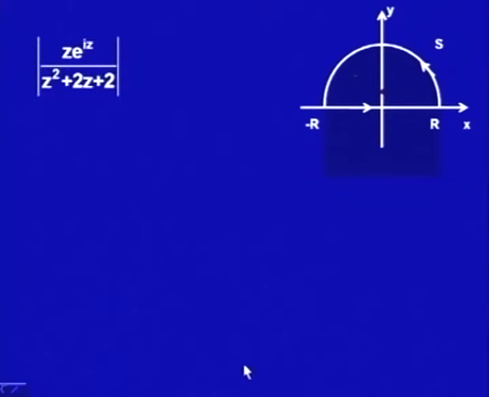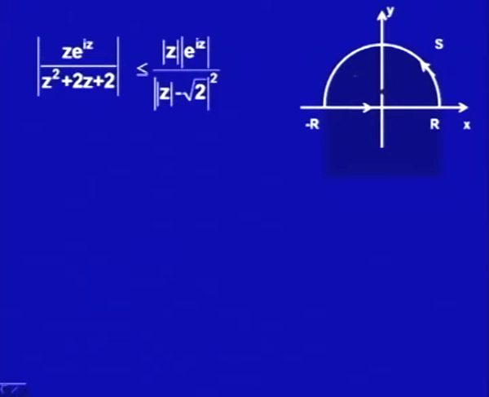Again write this function z e to the power i z upon z square plus 2 z plus 2. This again we would be writing as absolute value of mod z into mod of e to the power i z upon mod of z minus root 2 whole square. This is what we had already obtained.